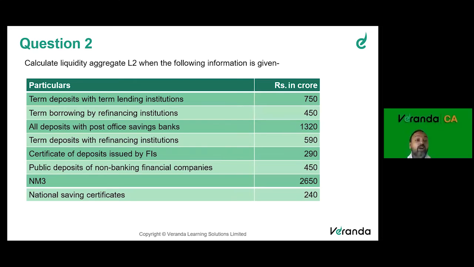And there is something called a certificate of deposits issued by financial institutions, and then we also have public deposits of non-banking financial companies, NM3, that is new measure 3, which constitute 2,650 crores. And finally, we also have national savings certificates, which constitute around say 240 crores.